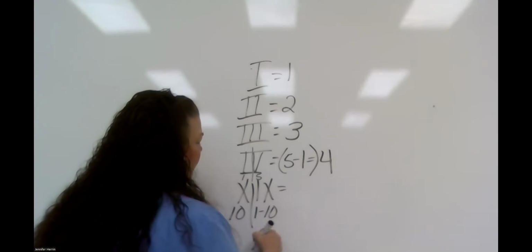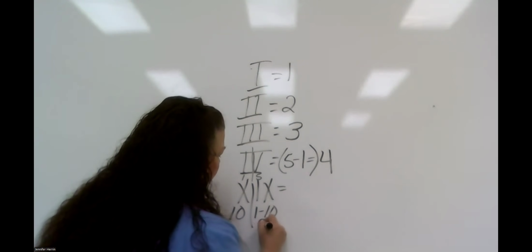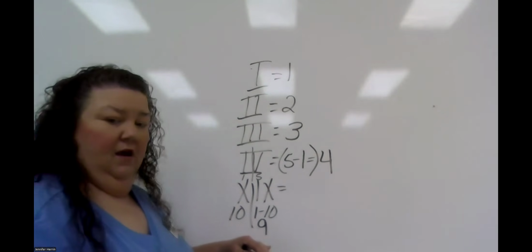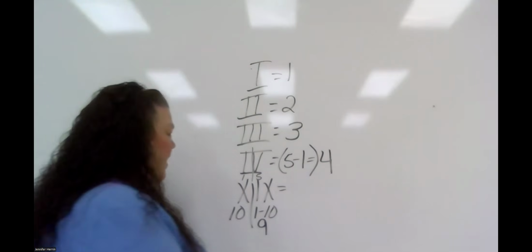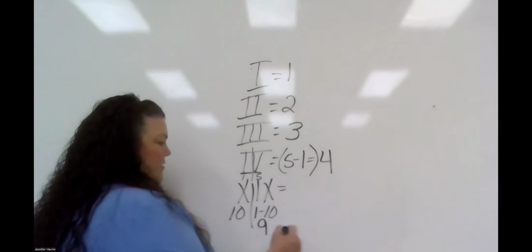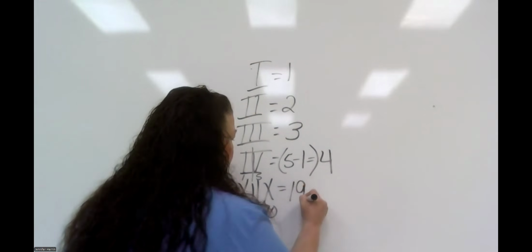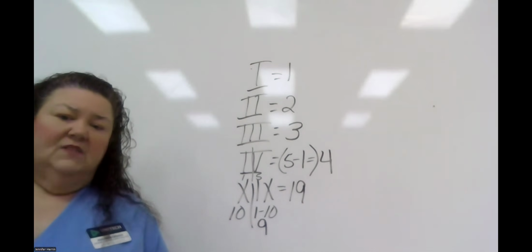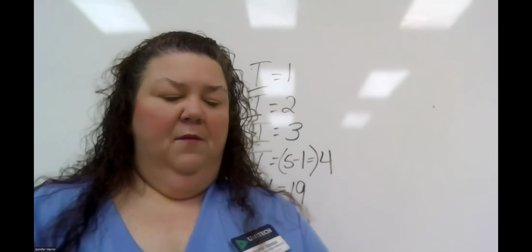So we need to take 1 away from 10. That leaves us 9. This is not producing a negative number. We're just taking 1 away from 10. And then we're going to add the 10 plus the 9 to determine that that is the Roman numeral 19. Let's look at a couple of more examples.